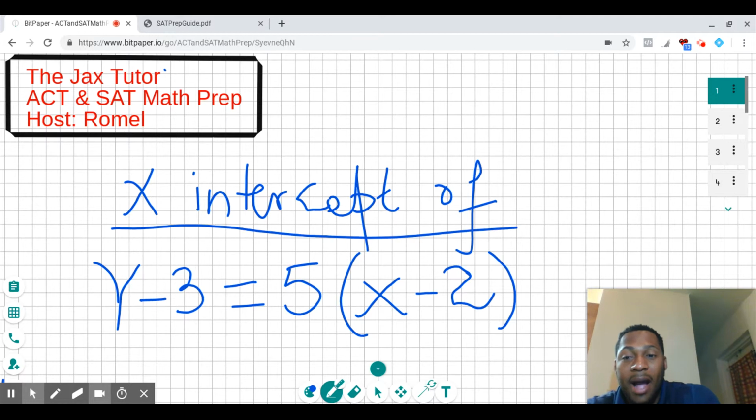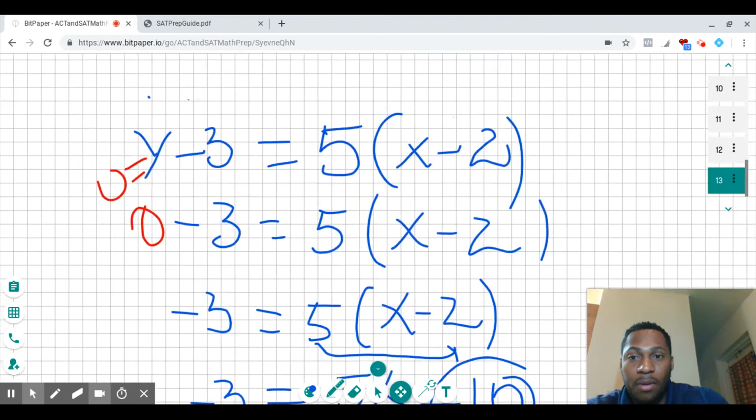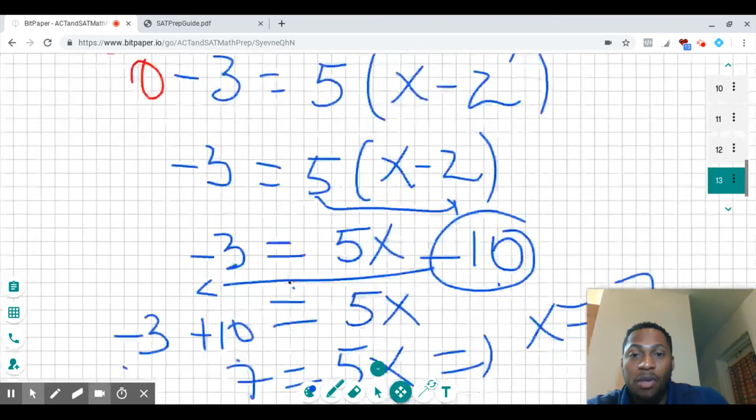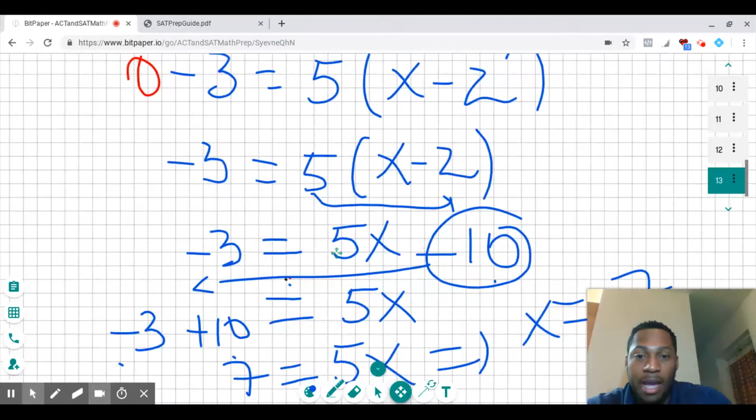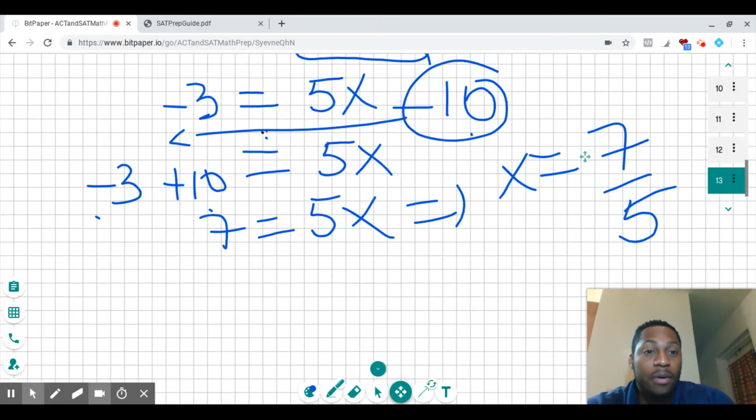It means that y is equal to 0. So we replace y by 0. After we replace y by 0, we continue, and then we calculate what the value of x is going to be equal to. And we find x is equal to 7 over 5.